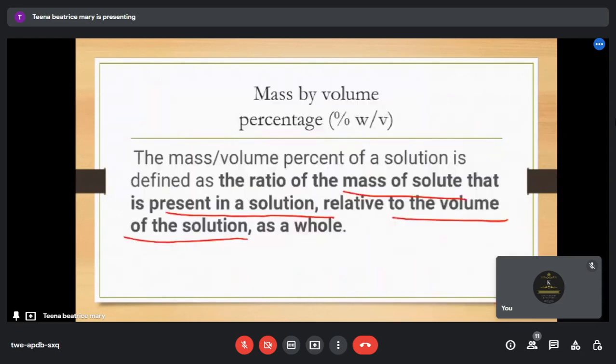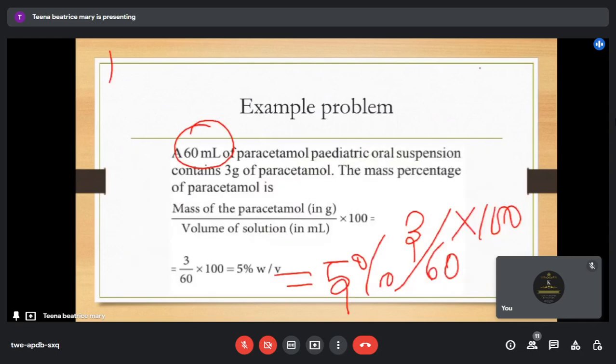And then mass by volume percentage, just the units grams and mls change. So again using the same formula we found out with an example.